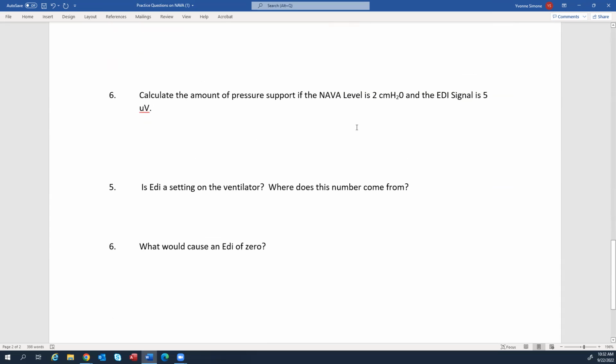Number 6, calculate the amount of pressure support if the NAVA level is 2 centimeters of water per microvolt, and the EDI signal is 5 microvolts. It doesn't have an EDI minimum, so we'll add that.